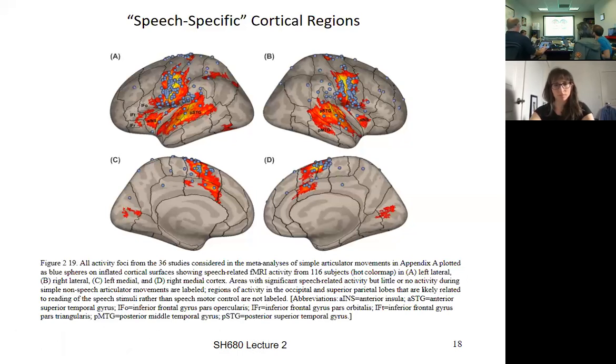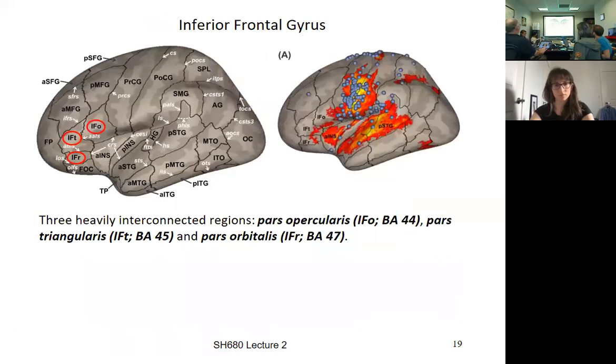All right, so let's start with the inferior frontal gyrus. So inferior frontal gyrus in the left, often referred to as Broca's area, classically and just in the more general neuroscience literature, everybody thinks of it as language output, so planning utterances, things like that.